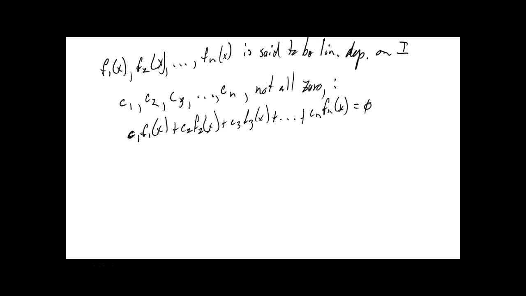Well, what does that mean? Let's say there was only one C that was not 0. Let's say it's this one, C3 is not 0. Say it's 17, but all these others are 0. Then 17 times F3 is 0, which means F3 would have to be 0.